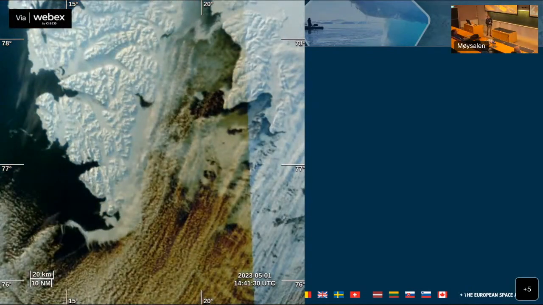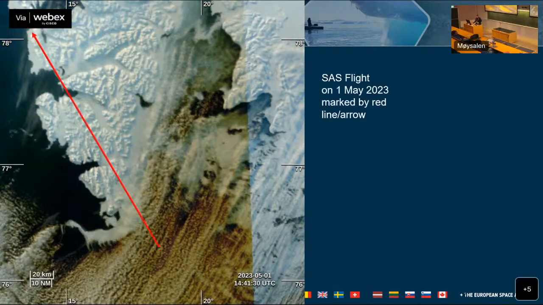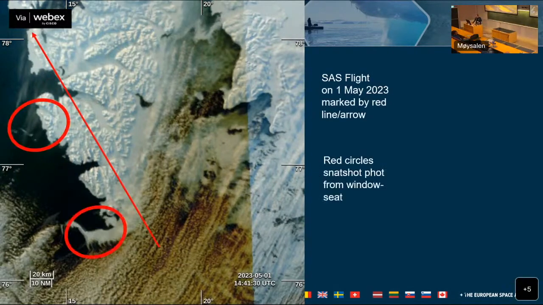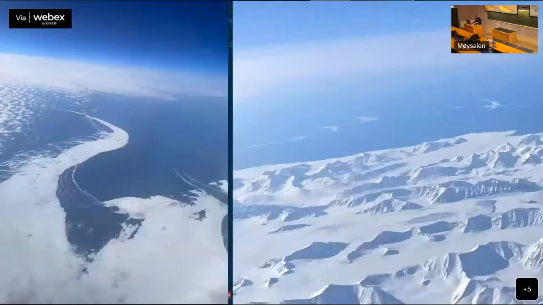And the last image you now see, where the cloud visible image has now been taken into account, the thermal image as well. So you see now effectively the brightness temperature at the emitting top of the clouds. And pay attention to these guys that you see around here, because on this day, 1st of May, we flew this red line with SAS, and I happened to have a window seat, and I saw this.